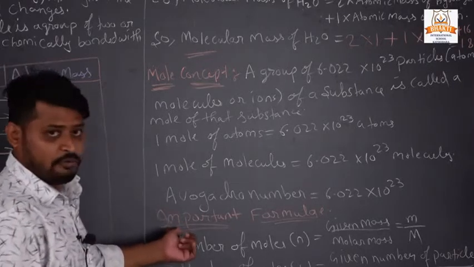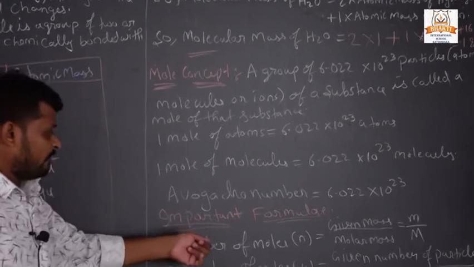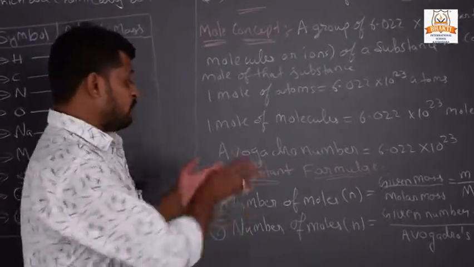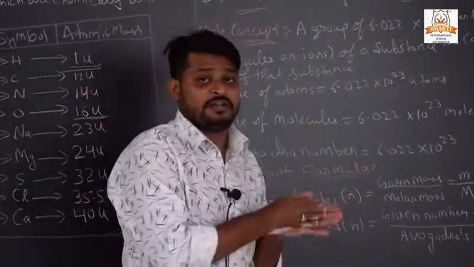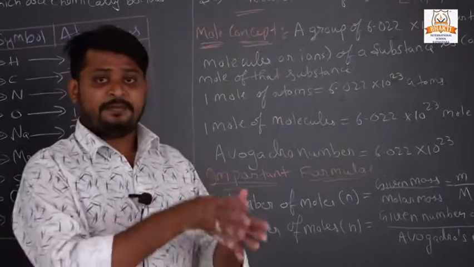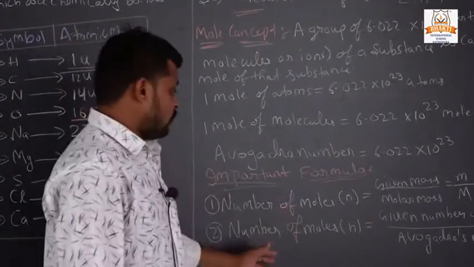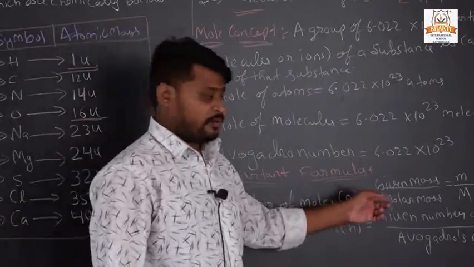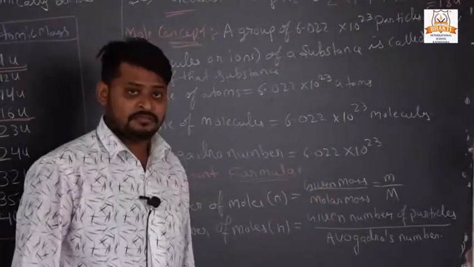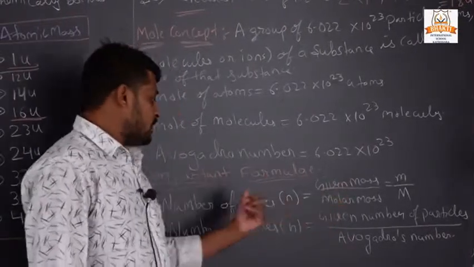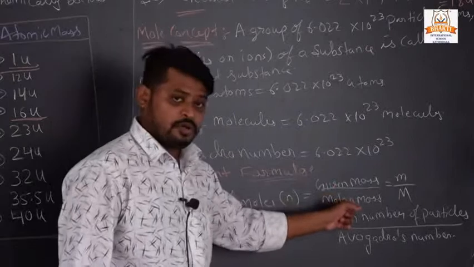Now the important formulas. There are two formulas for the number of moles, and which one we use depends on what values are given in the question. If the given mass and molar mass are given, we use given mass upon molar mass.